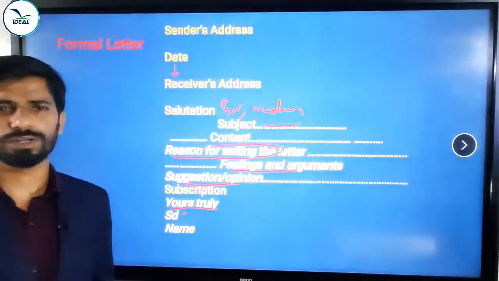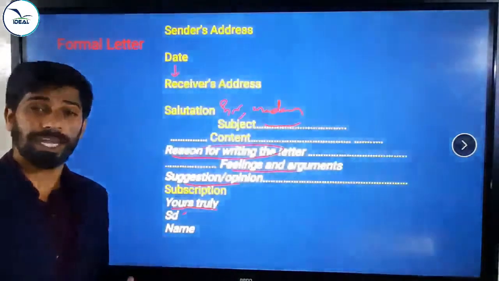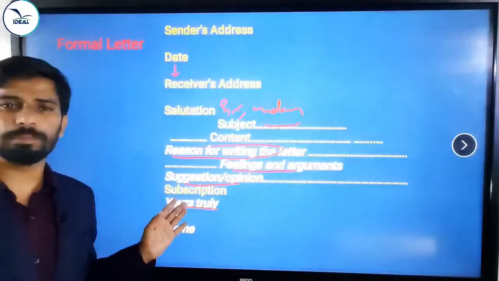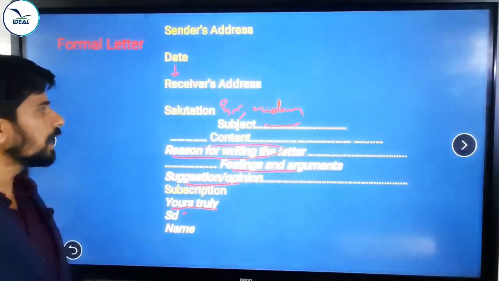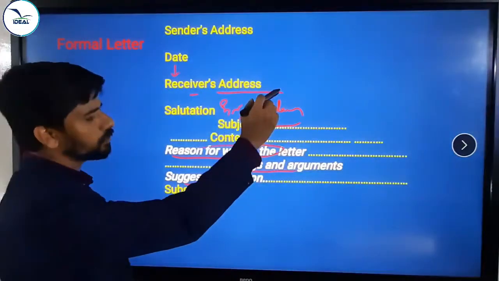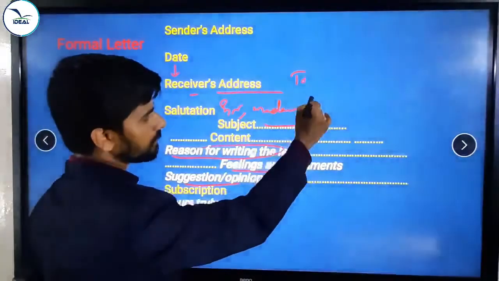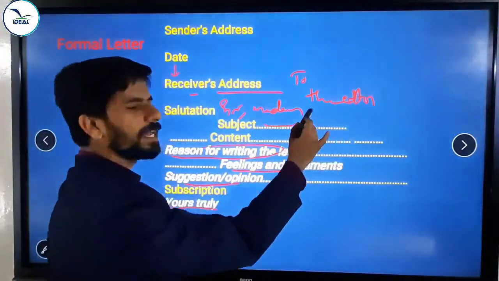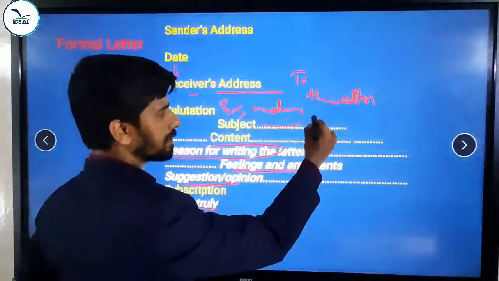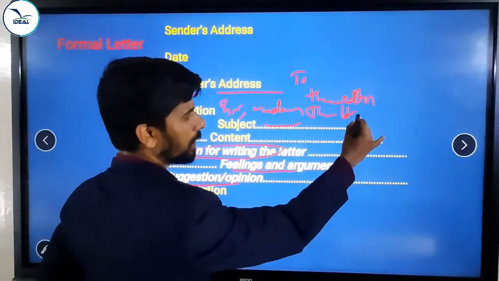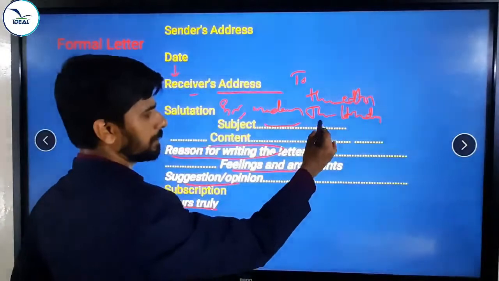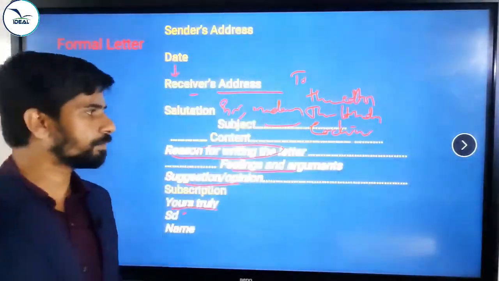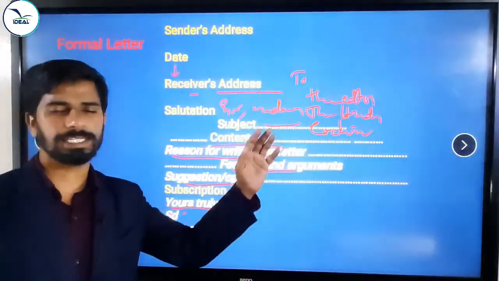Usually in your class, the letter to the editor is the most common letter that is asked in your examination. So the same format can be followed, and when you write the receiver's address, you have to write to the editor, and the name of any daily, just like The Hindu, and the place from where the newspaper is published, Cochin or Calicut, things like that.